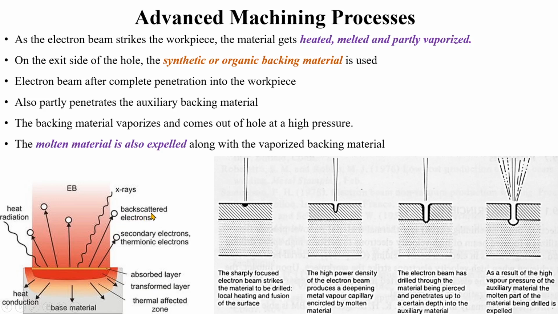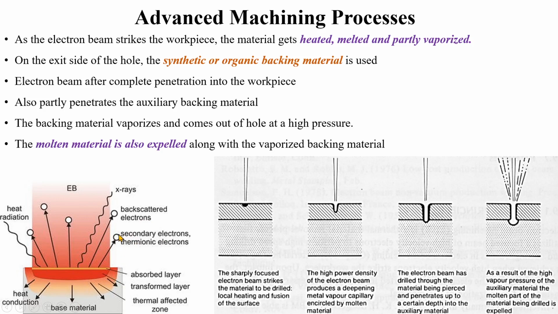This scattering takes place due to the electrons present within the base material. The electrons from the beam get scattered away from the workpiece surface, and those are called backscattered electrons. And we have the secondary electrons. When electrons strike the workpiece material, some of the electrons from the workpiece material get emitted away.